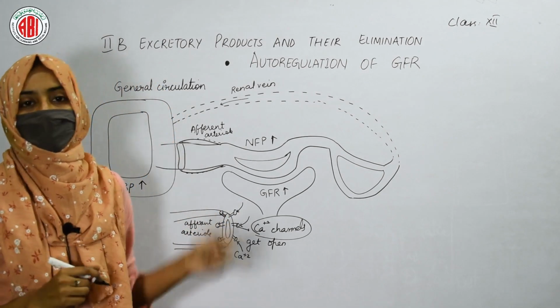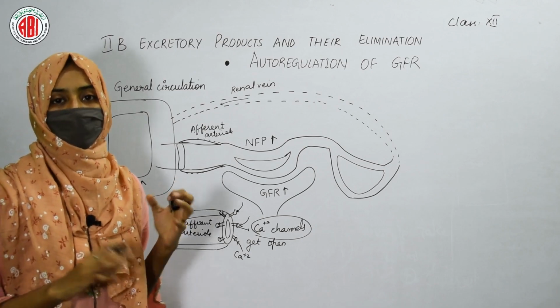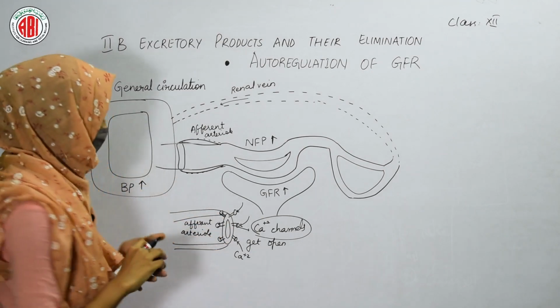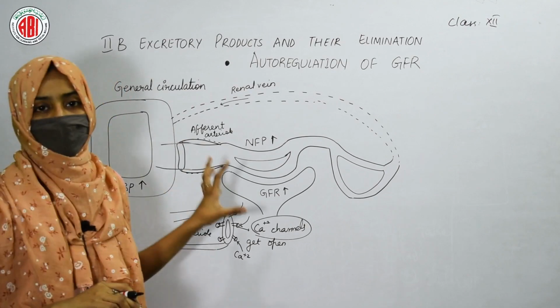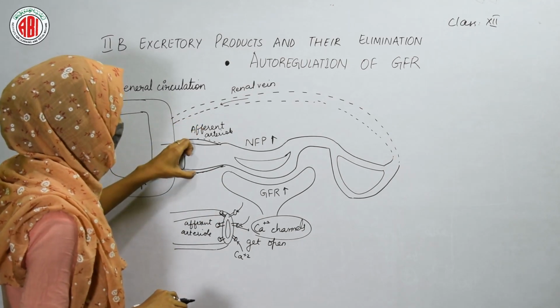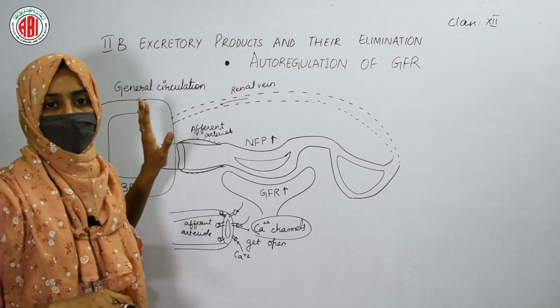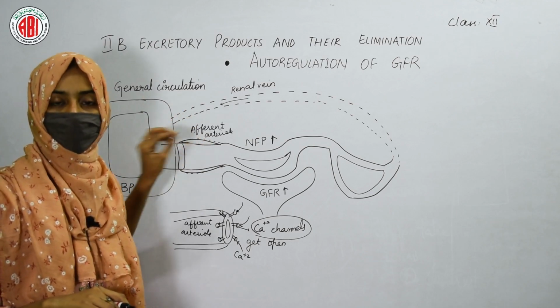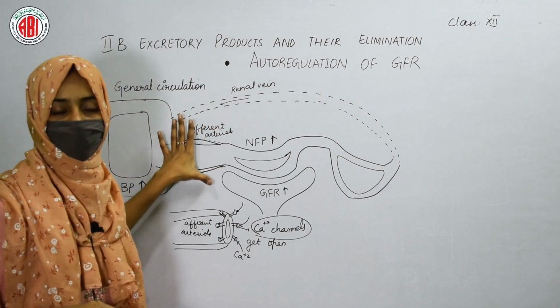Calcium is an element that is responsible for causing muscle contraction. So, when the calcium enters into the efferent arteriole, it results in the contraction of the efferent arteriole. In the initial hours, when the blood pressure is high, the efferent arteriole gets stretched.